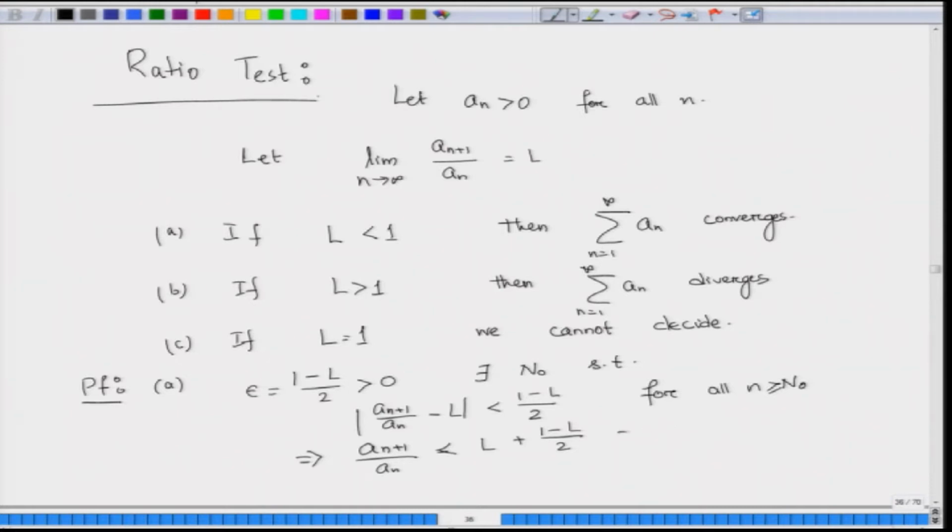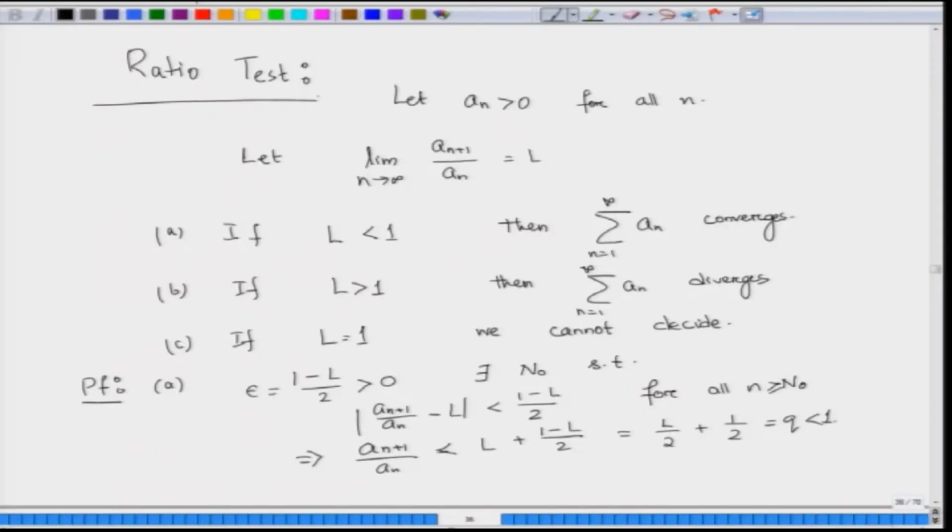Which is equal to L by 2 plus 1 by 2; let me call this a number q. Now, L is strictly less than 1. Therefore, the first term is strictly less than 1 half plus half, so that is 1. So, q is strictly less than 1. This is true for all n greater or equal to n sub naught.